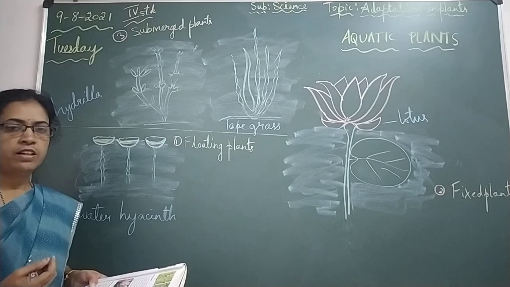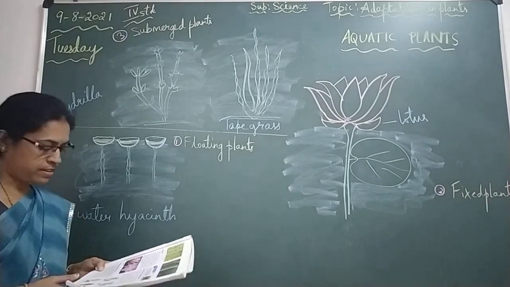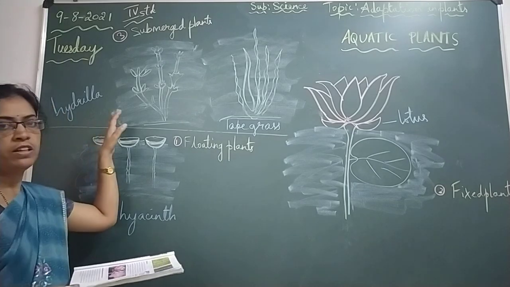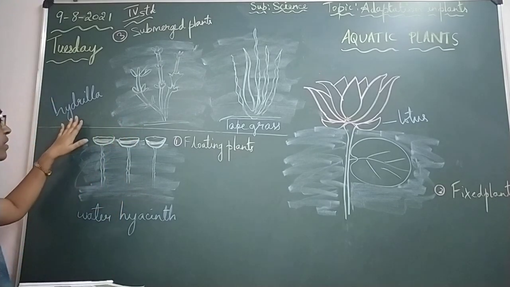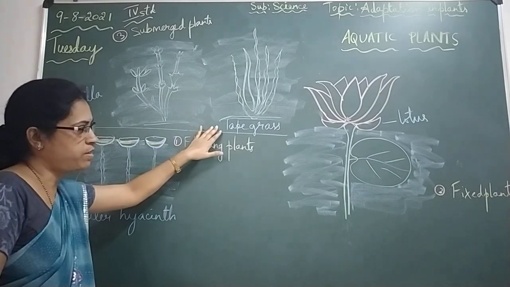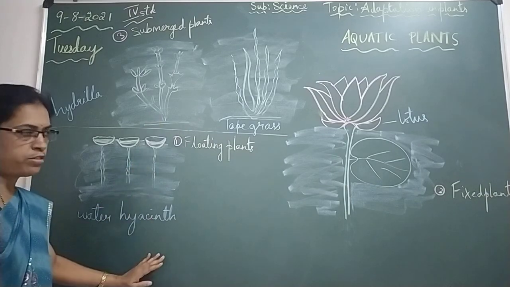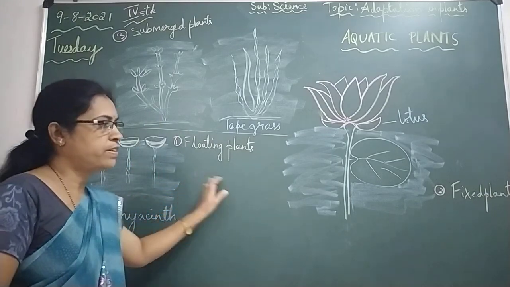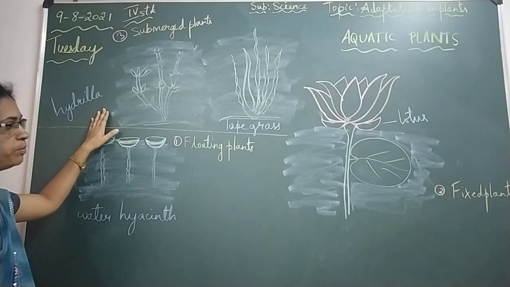So we can use these types of plants in an aquarium. Maybe you have an aquarium, and you can see the underwater plants. Hydrilla and tape grass are examples of underwater plants. So these are the three types of plants, that is floating plants, fixed plants and submerged or underwater plants.